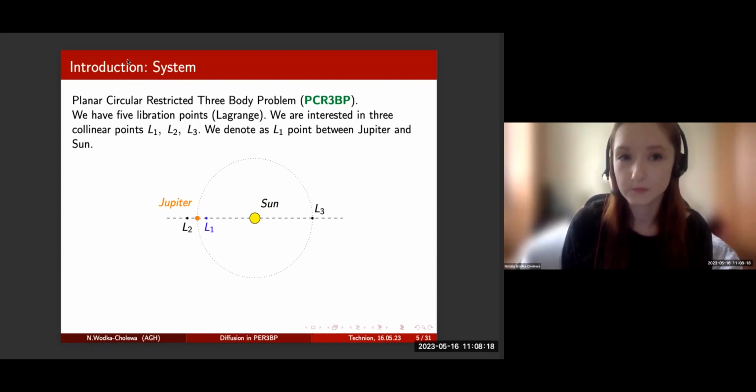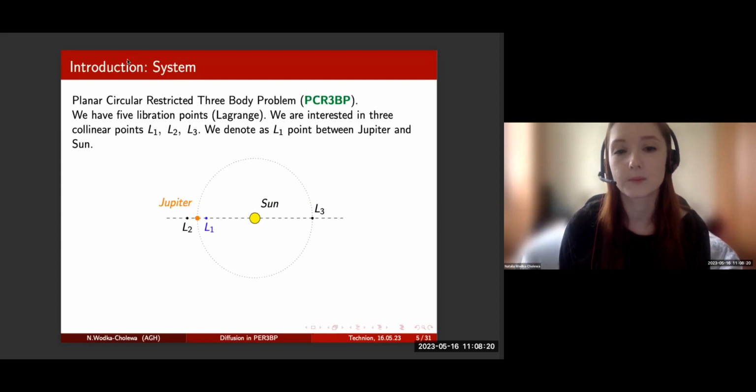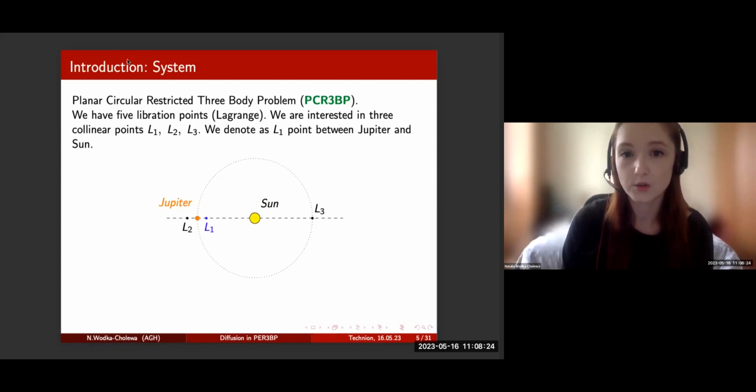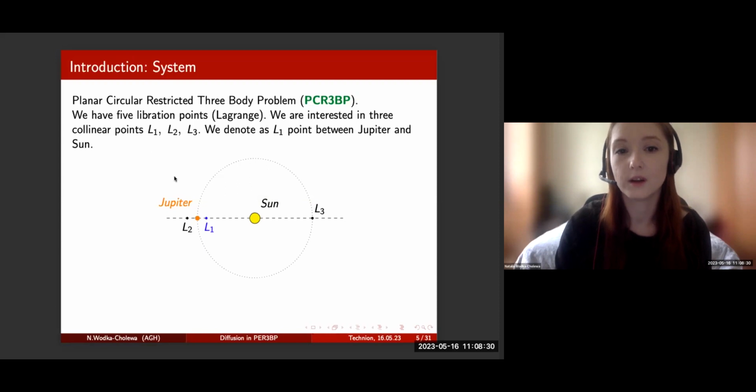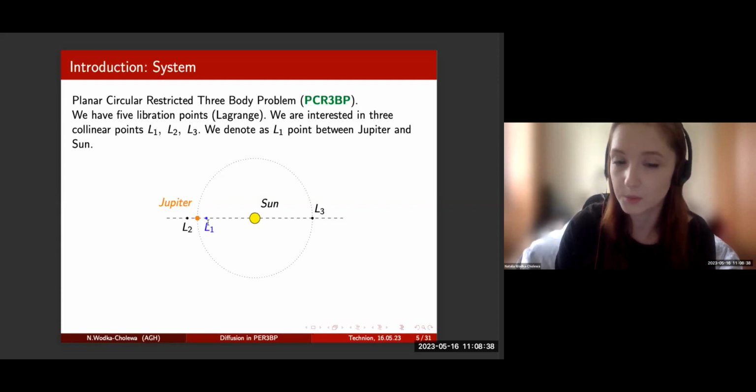So we will call L1 the point between Jupiter and Sun that is closer to Jupiter. You see you have the Sun in the middle, and somewhere is Jupiter going around the Sun, and we'll be interested in L1, that is between the Jupiter and Sun, close to the Jupiter.